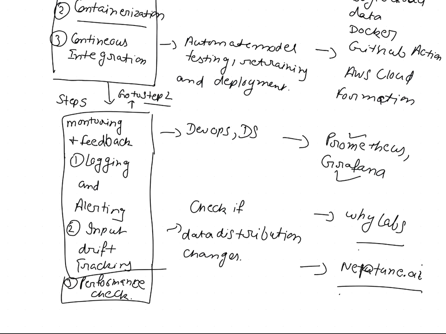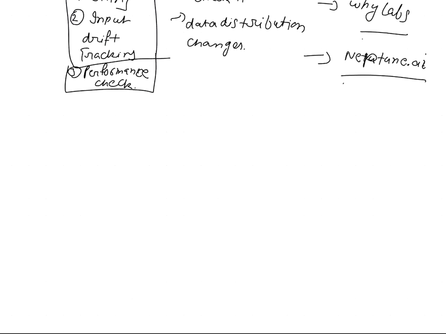So this was about the machine learning life cycle. I will just do the recap. The first step was problem identification, right? Step one.